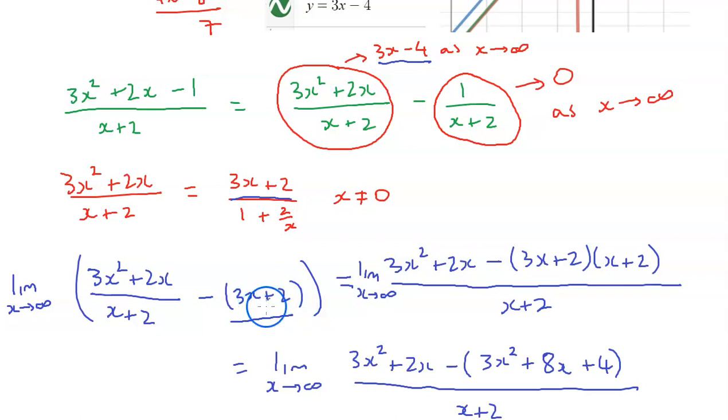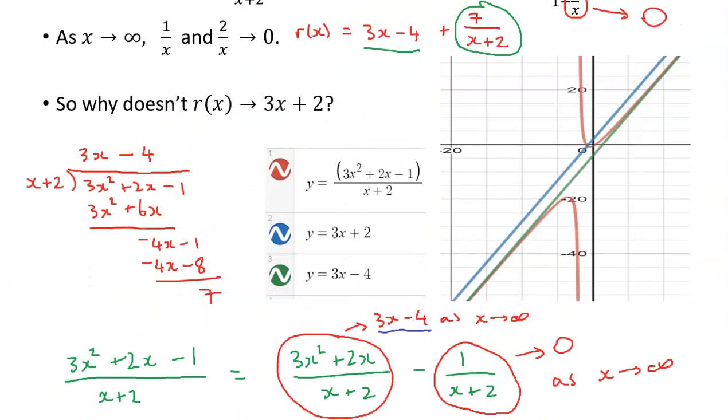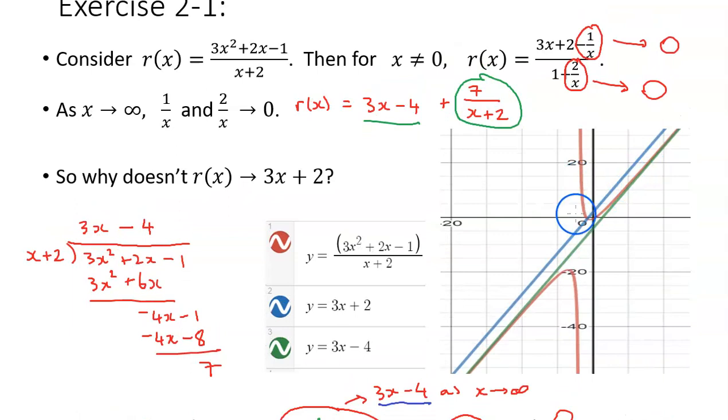And 6 less than 3x plus 2 is exactly 3x minus 4. So yeah, it seems to agree with our graph here. As far as 3x plus 2, this green one is 3x minus 4.